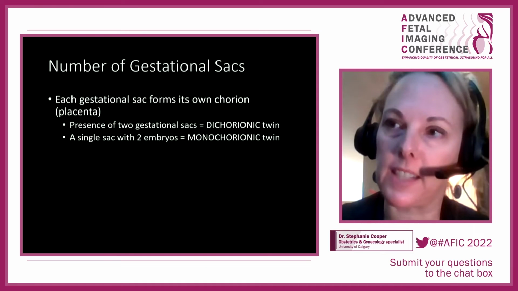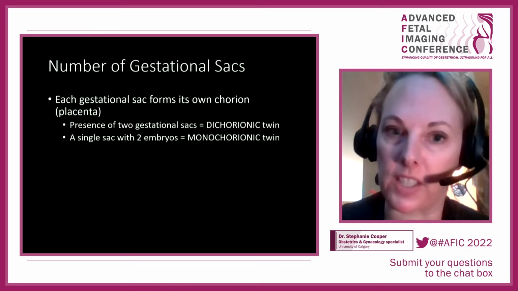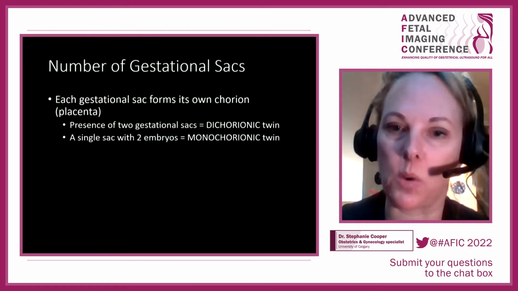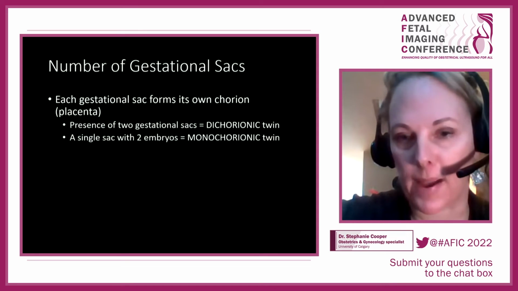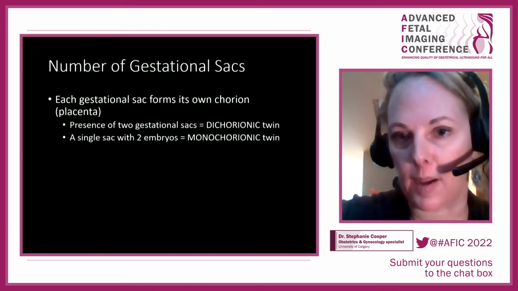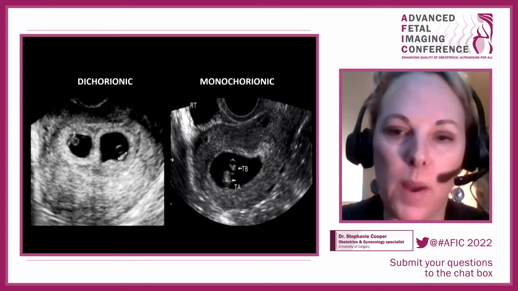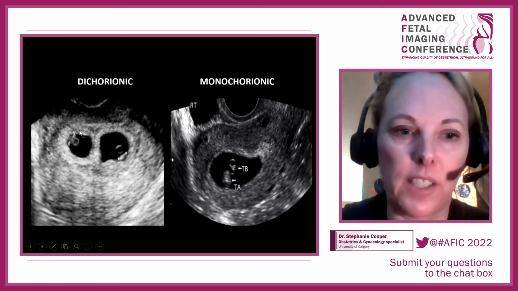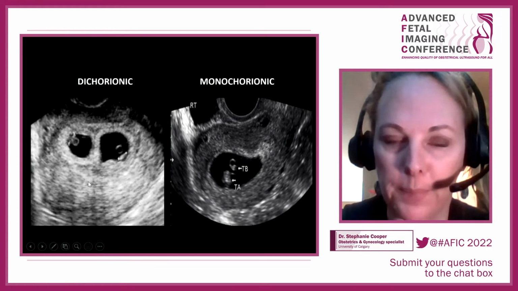But if you have a single sac with 2 embryos, that is going to be a monochorionic twin. Notice that I'm not talking about whether it is monochorionic diamniotic or monoamniotic. It's easy when you have this situation, right? You can see 2 gestational sacs. Definitely, this is a dichorionic twin.